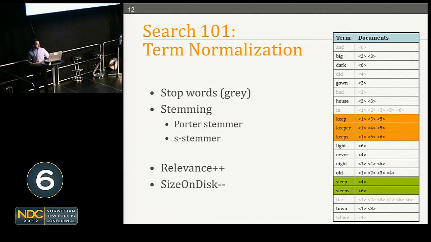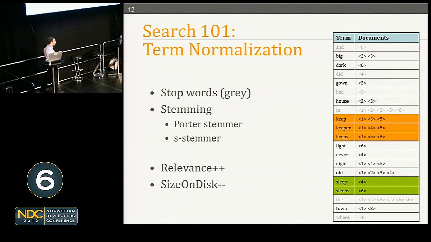So there are a couple of words that don't really have any meaning. We call them stop words because they give us nothing, basically. They appear quite a lot. They inflate the index, and we don't really care about them. So those words we remove. In English, for example, the word and, the word did, had, words like that, we just remove.